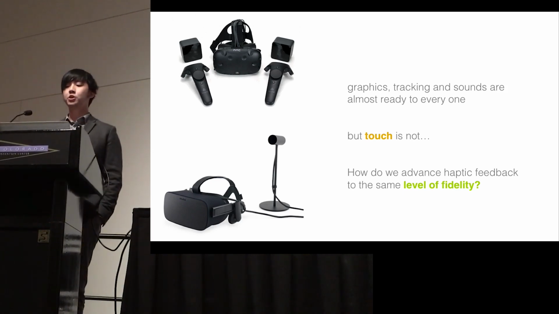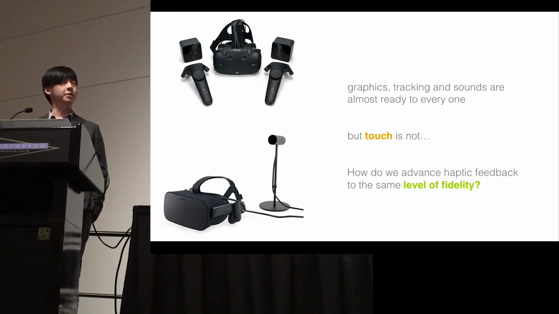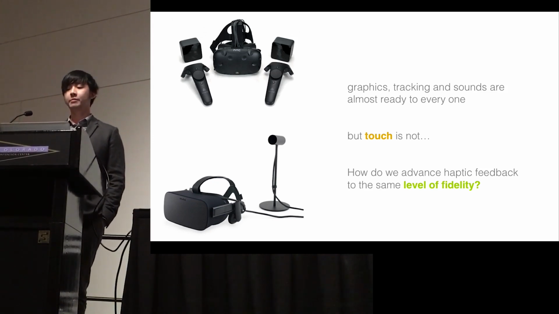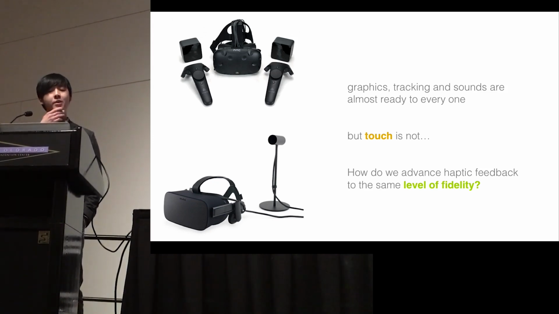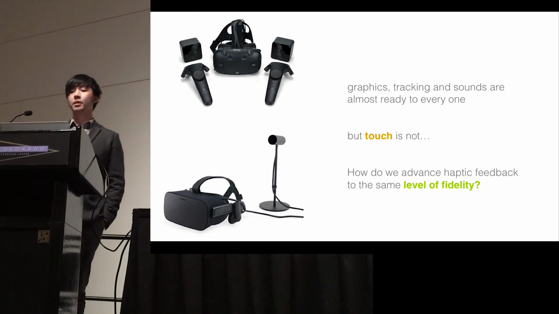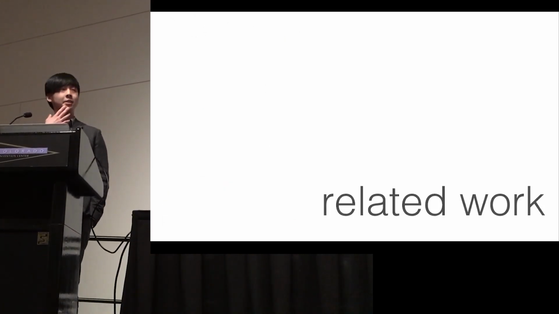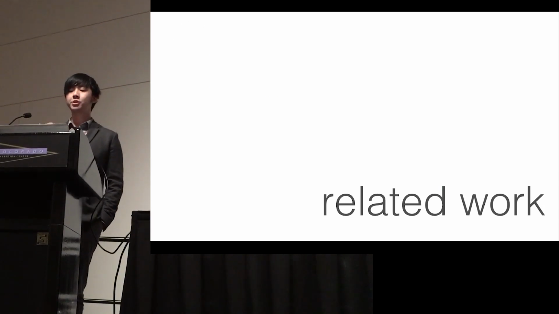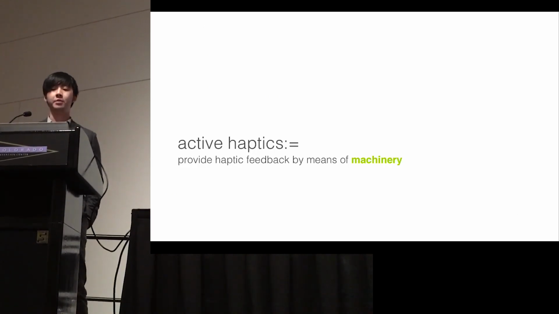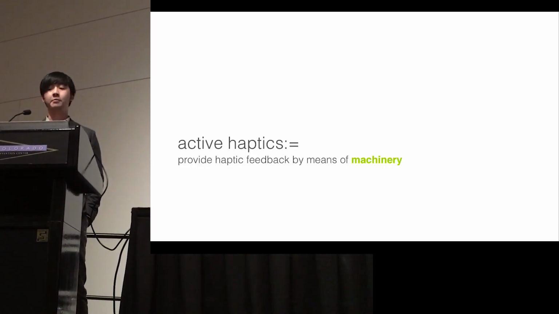We still cannot feel the virtual objects through these commercial devices like Oculus Rift or HTC Vive. So how do we advance haptic feedback to the same level of fidelity? We're certainly not the first ones asking this question. Researchers have been using machines to provide haptic feedback, and many people call it active haptic devices or active haptics.